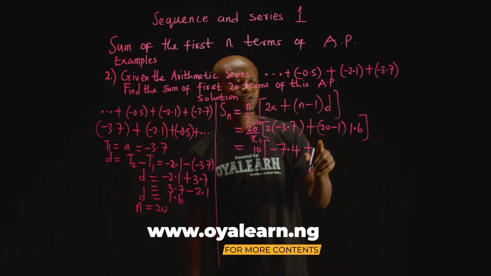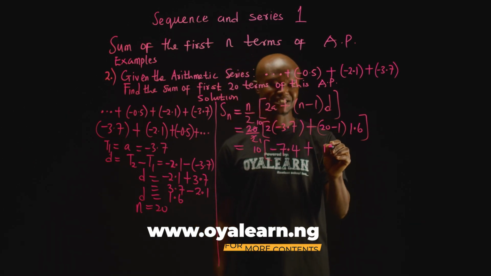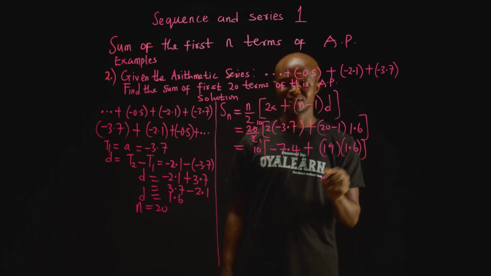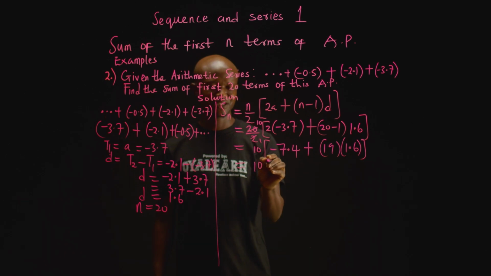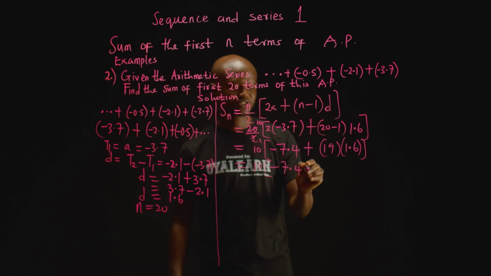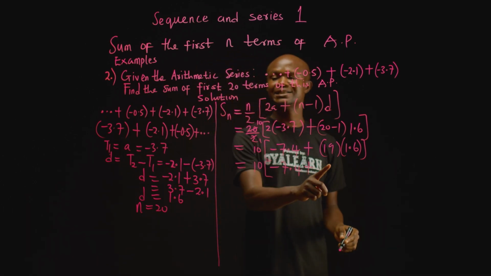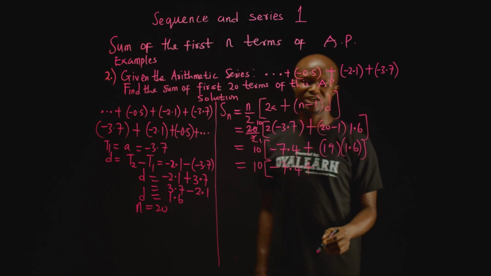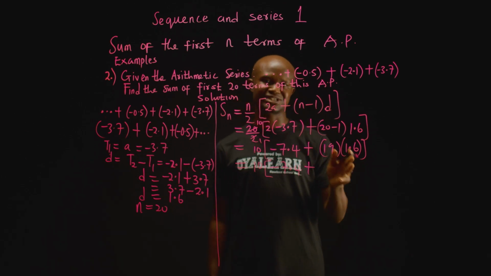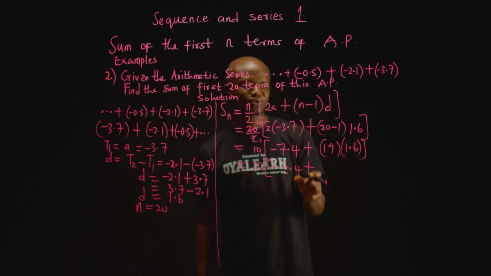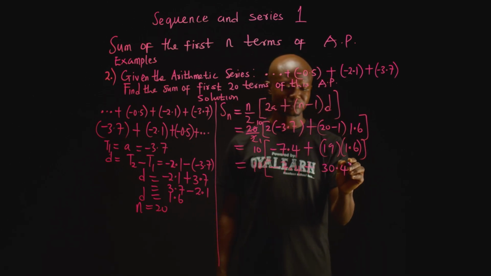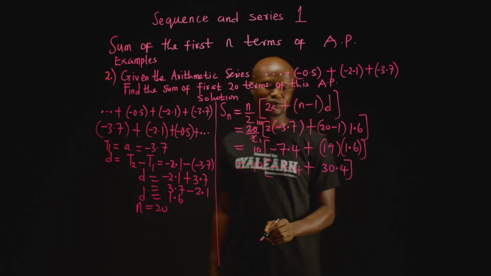Then plus 20 minus 1, we have 19 into bracket 1.6. 19 times 1.6 will give us, if you look at 19 times 16, that should be 304, so 19 times 1.6 will give us 30.4.